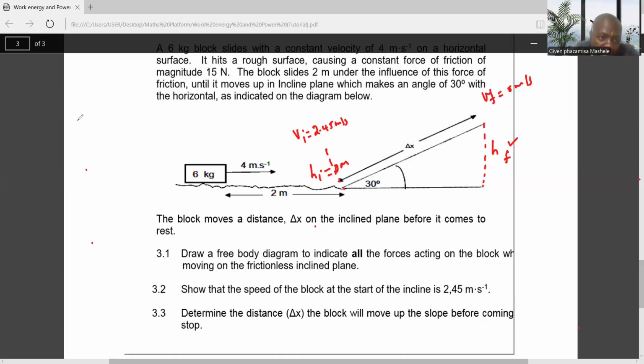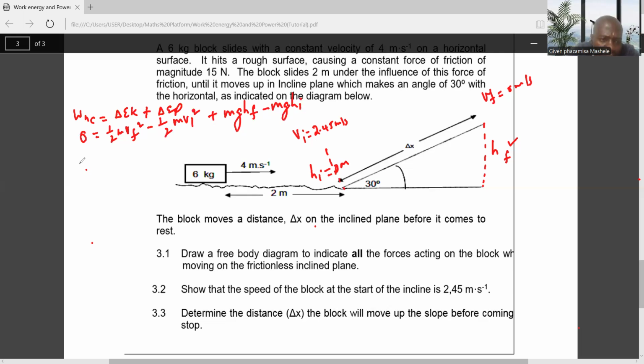But when we use this formula, the non-conservative work equals the change in EK plus the change in EP. There's no frictional force, there's no force applied, which means the work done by non-conservative forces is 0. So we know this: half m vf squared minus half m vi squared, plus m g h final minus m g h initial.